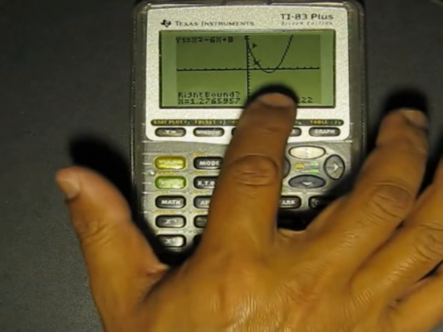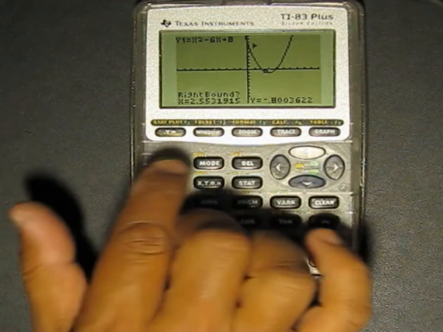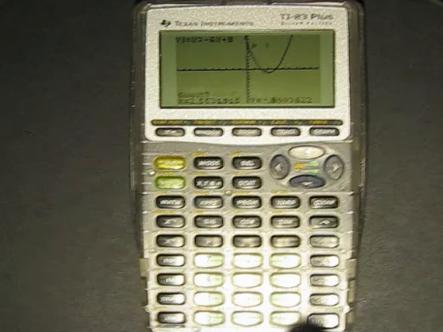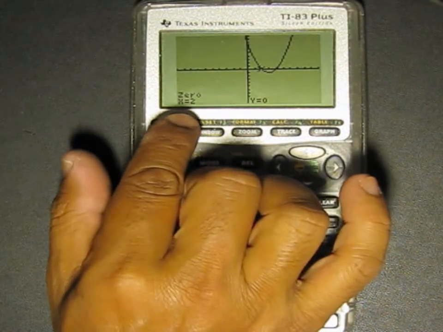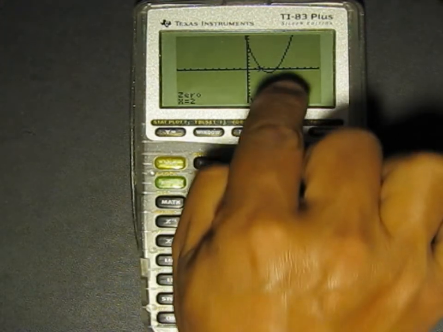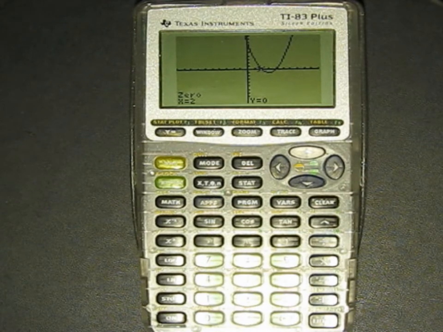It says scroll to the right of it, right bound. Scroll to the right of that x-intercept, click enter, hit enter again. And we see my first x-intercept is at x equals 2. And you could go on and find the other x-intercept. So the graphing calculator will help you graph these parabolas.